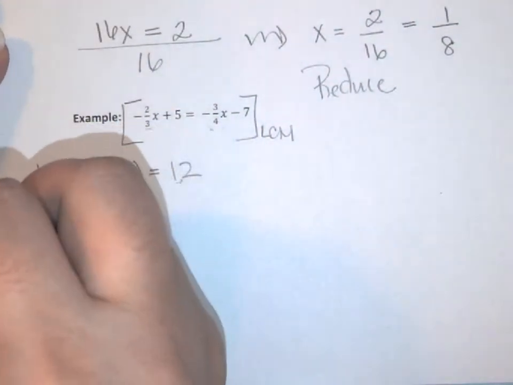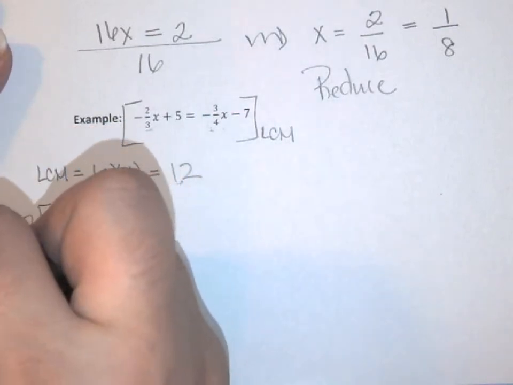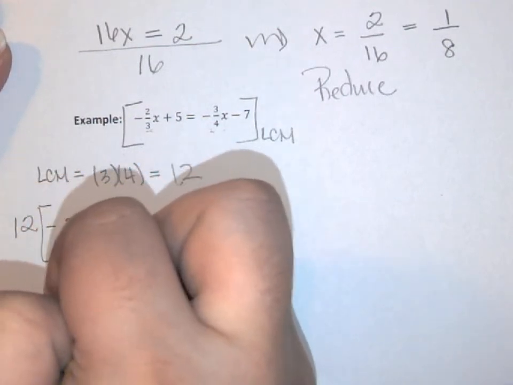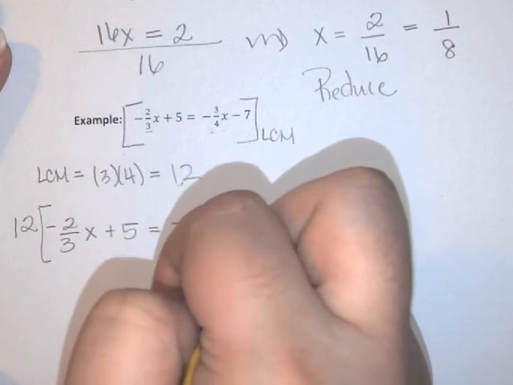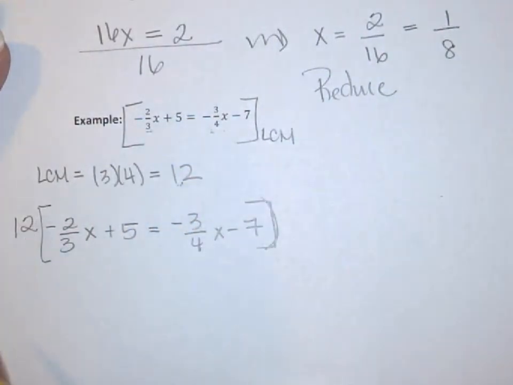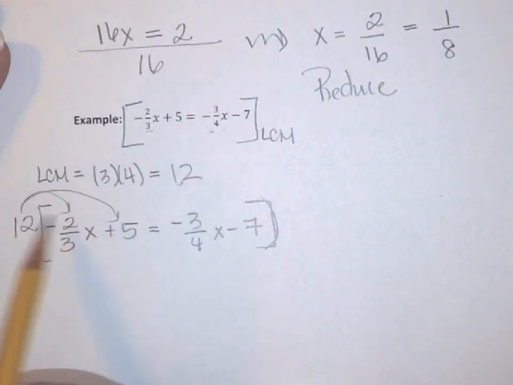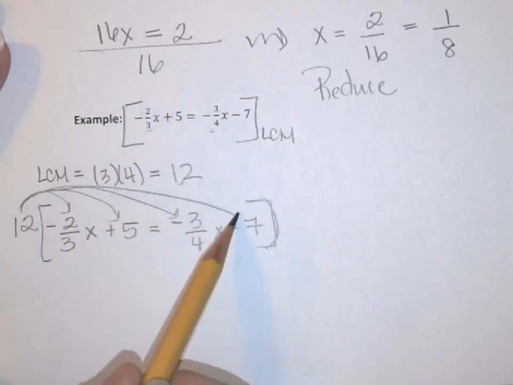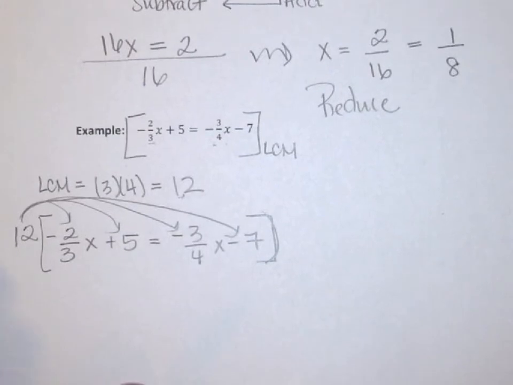So we're going to have 12 times the whole thing, so negative 2/3 x plus 5 is that negative 3/4 x minus 7. When I multiply it, this 12 has to go to every part of my equation, all places, depending on how many you have.